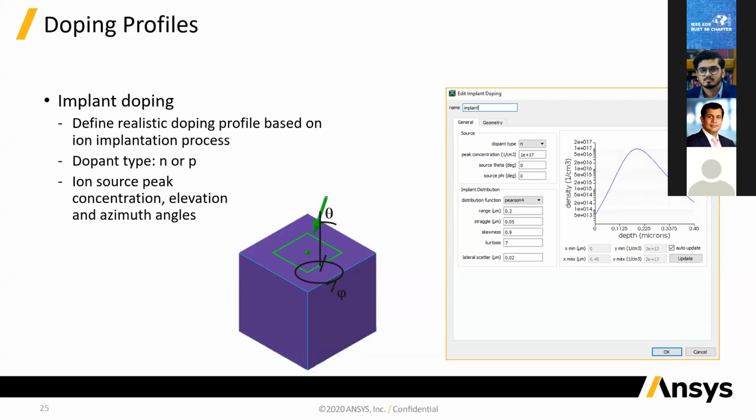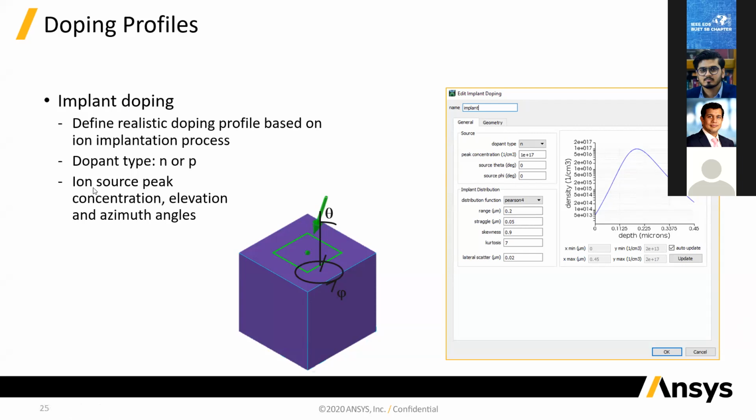In this type of implantation process, the doping profile has a unique shape that you cannot really achieve using the diffusion doping object, primarily because in ion implantation doping profiles, your peak concentration happens a little bit inside the top surface. And so the implant doping object actually allows you to capture that kind of shape.